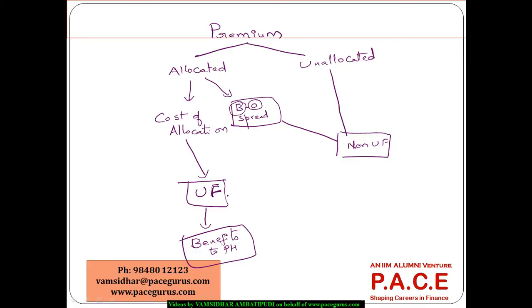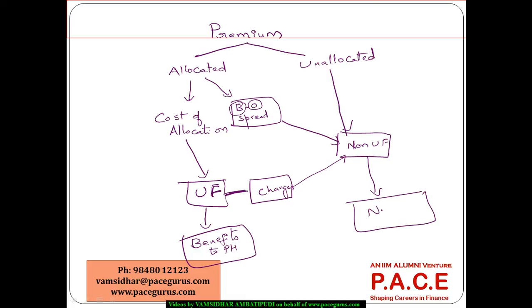Because it is creating a unit fund, there are some charges associated with the unit fund as well. All these things go into the non-unit fund. And this non-unit fund purely works for non-unit based benefits to the policyholder.